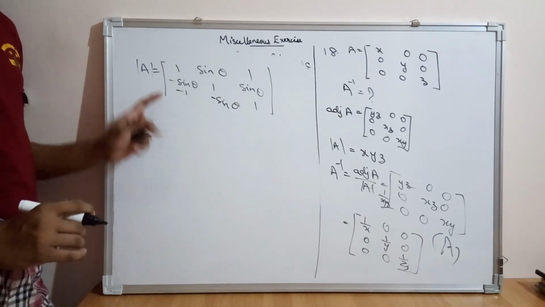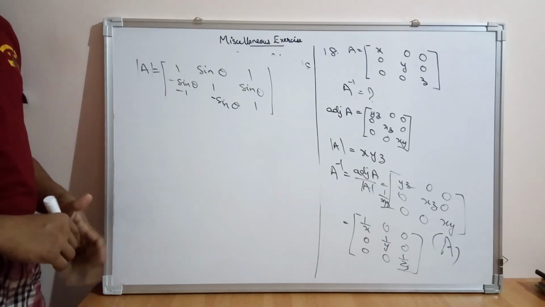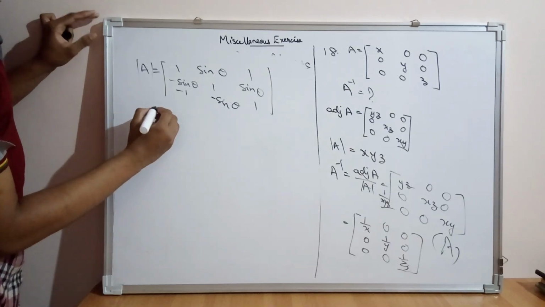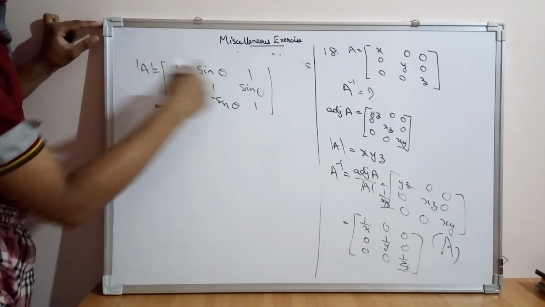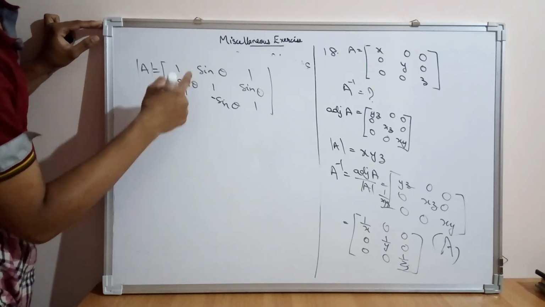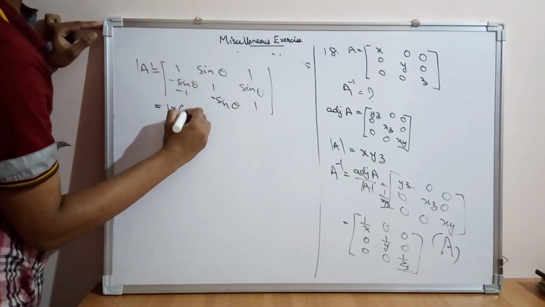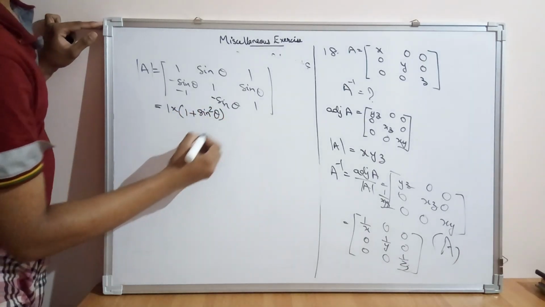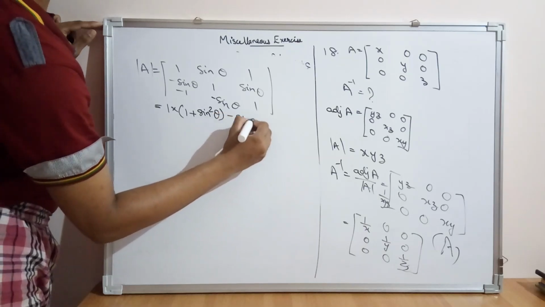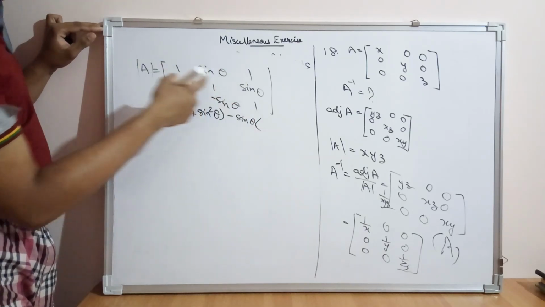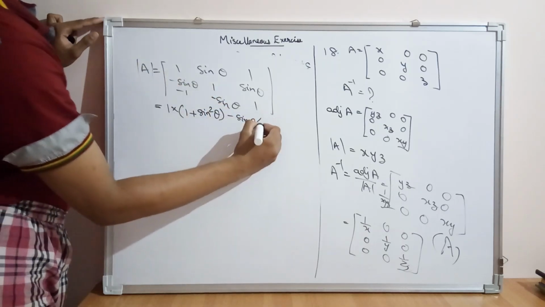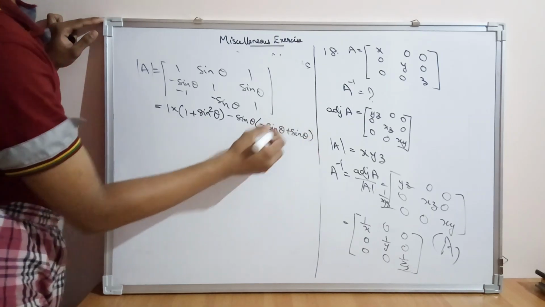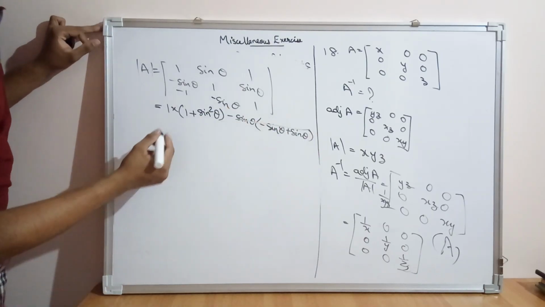This is based on sin theta. The value of the determinant depends on the value of sin theta. So let me start with the first row. 1 into 1 plus sin square theta, minus sin theta into minus sin theta plus sin theta, which is going to be 0.